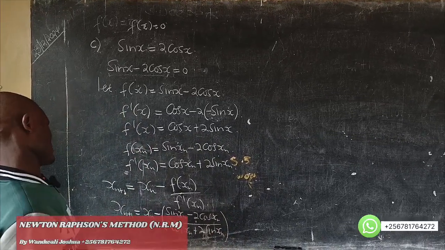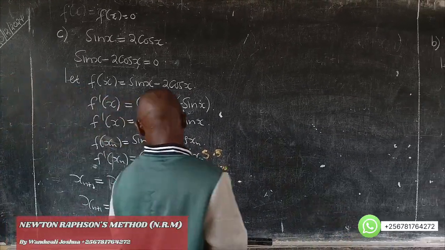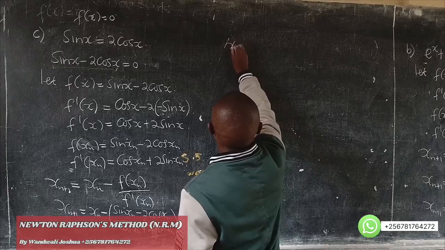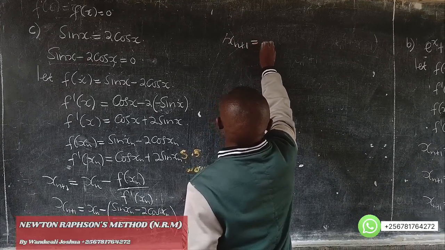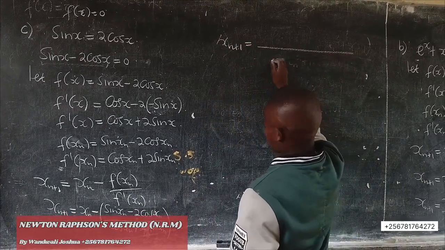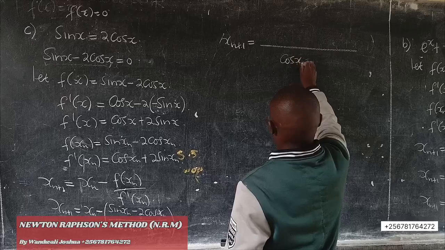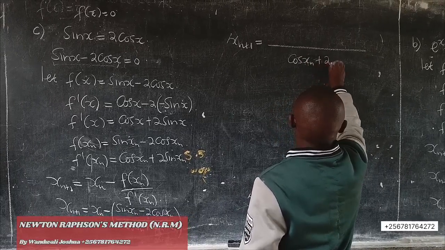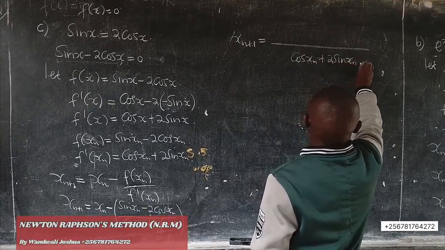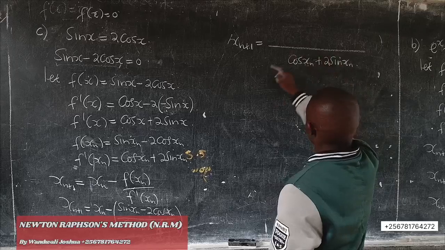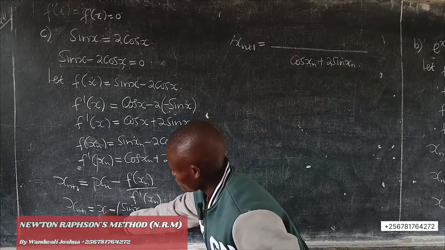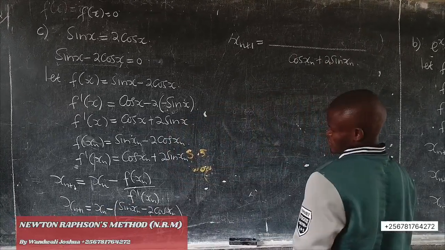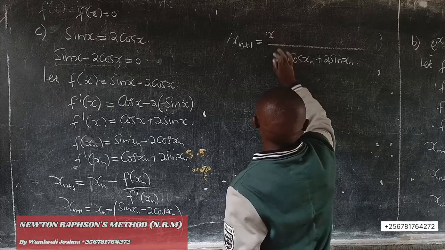If we want, we can simplify this by taking the LCM. So xn plus 1 is going to be, the LCM is cos of xn plus 2 sine of xn. When I pick this and divide by 1, that is a simple denominator here, we are simply going to get this.